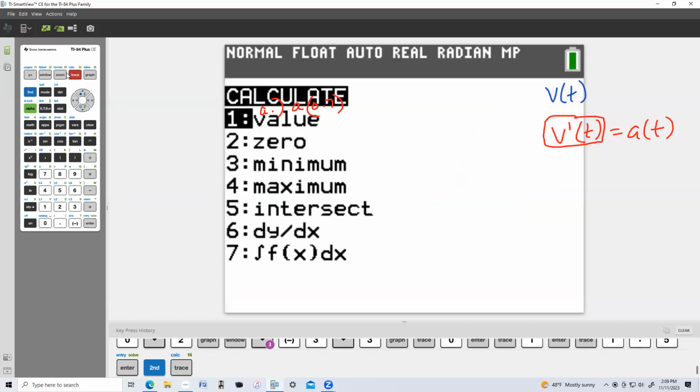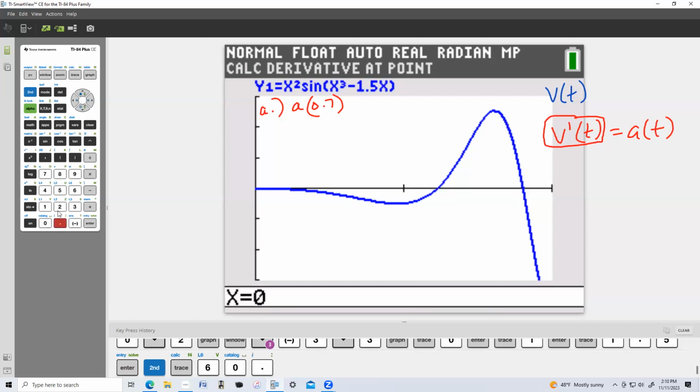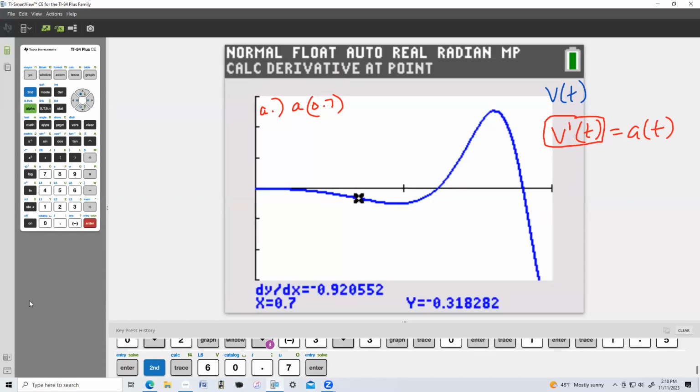Since we want the derivative to go from v to v prime, the derivative is option 6, dy/dx. If we hit 6, we can tell the calculator to find the derivative wherever we want. We want the derivative at time 0.7. So I literally typed it in, 0.7, and then you hit enter. And you should see this.